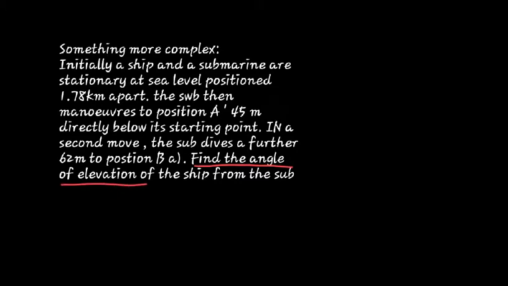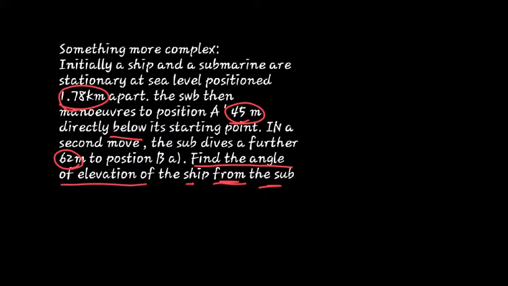And here it's from the ship to the sub. Okay, so that's important as well. And our information that we're given is 1.78 kilometres apart. Directly below its starting point, 45 metres. Okay, and 62 metres. So it moves two times, A and then B.